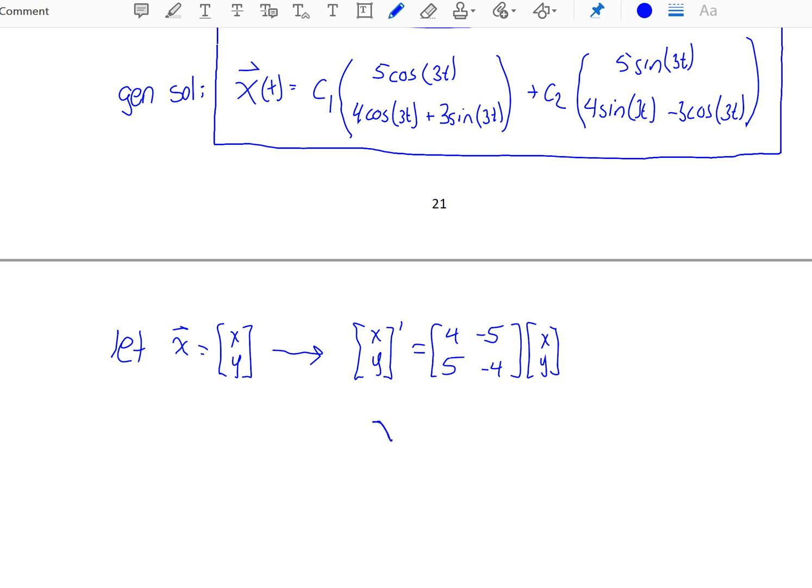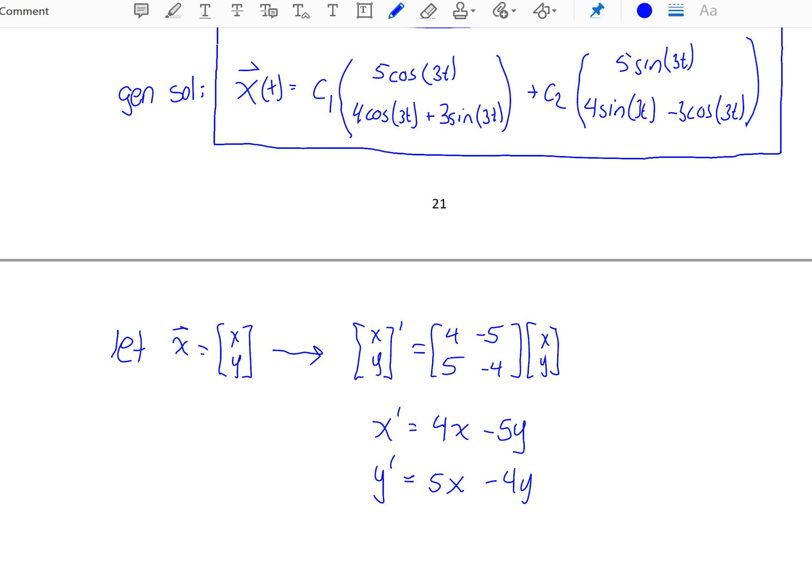Our first equation will be x prime equals 4x minus 5y. Our second equation will be y prime equals 5x minus 4y.